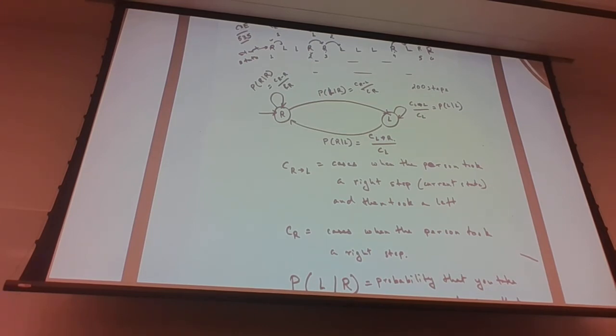Now, can you say what is the probability that my second step will be left? Instead of asking what my next step will be, I am asking: what is the probability that my second step will be left, given that my current step is right?